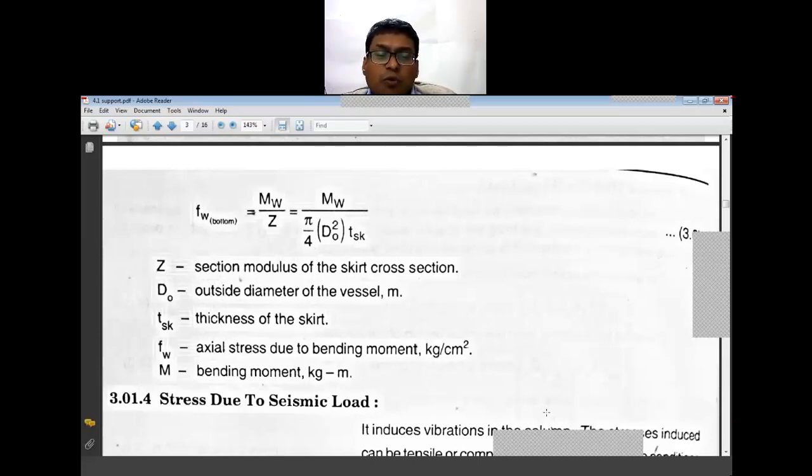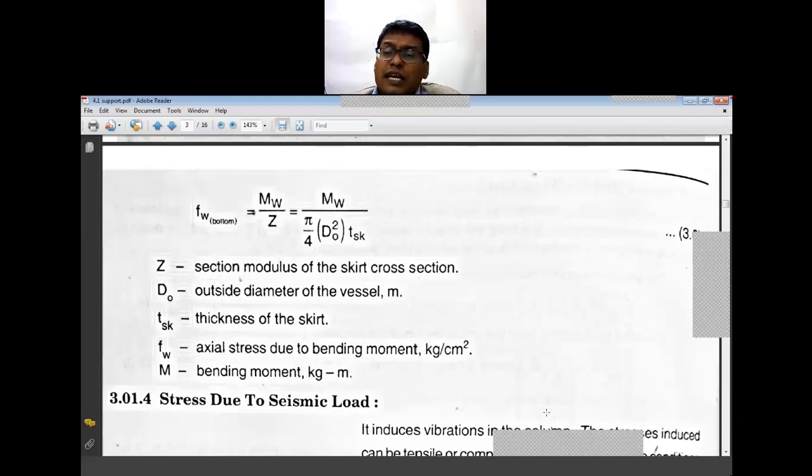The sectional modulus is nothing but I upon Y. I is the moment of inertia about the neutral axis, and Y is the distance from the neutral axis.